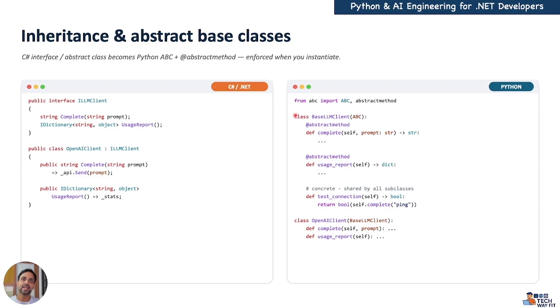So now any class that I want to define as an interface, I need to inherit from the ABC class. Let's say I define one base LLM client inheriting from the ABC class, then I can define any abstract methods that are part of the particular interface. Here I define two abstract methods called complete and usage report.